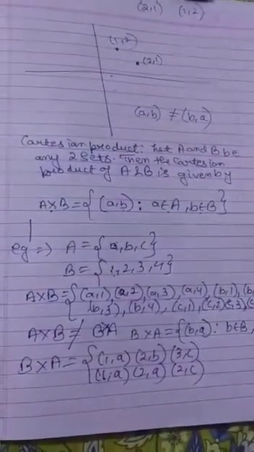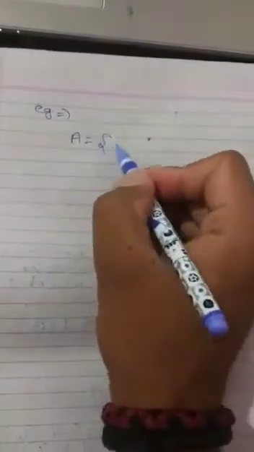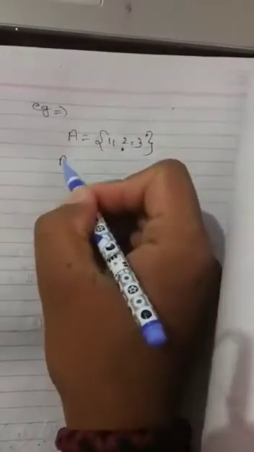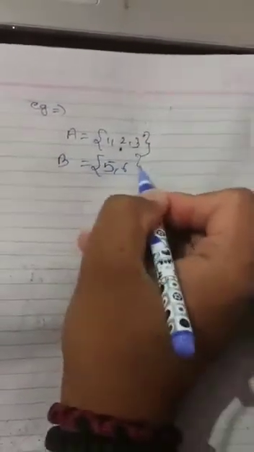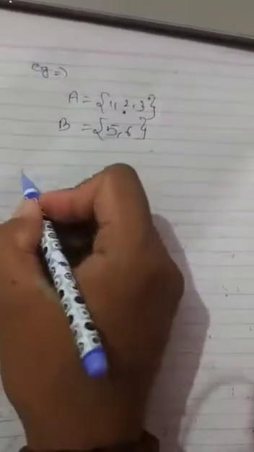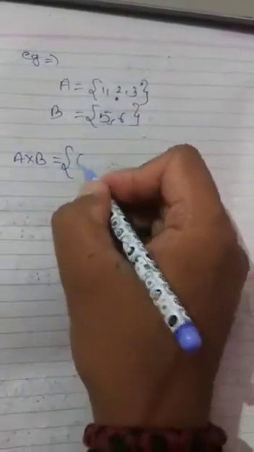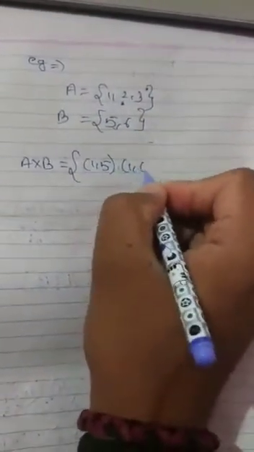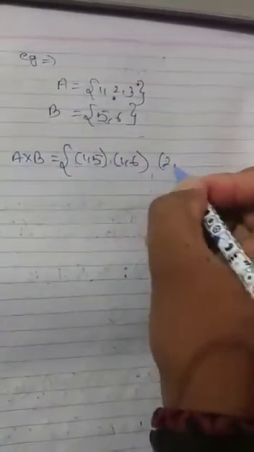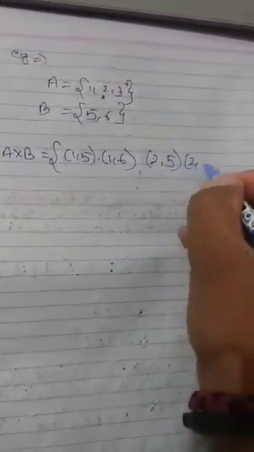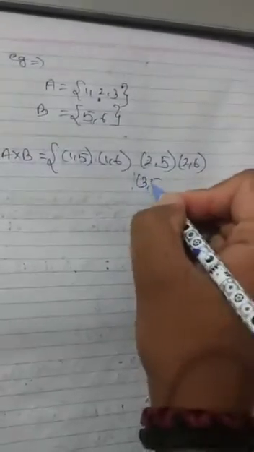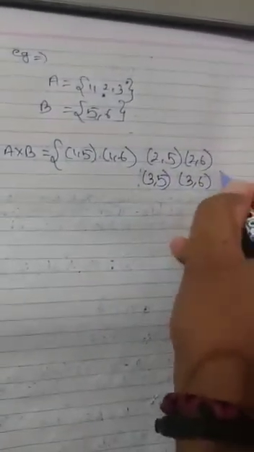Let's see one example. I am taking A is equal to 1, 2 and 3 and B is equal to 5, 6. First we will find A cross B: 1, 5 and 1, 6, 2, 5 and 2, 6, 3, 5 and 3, 6.